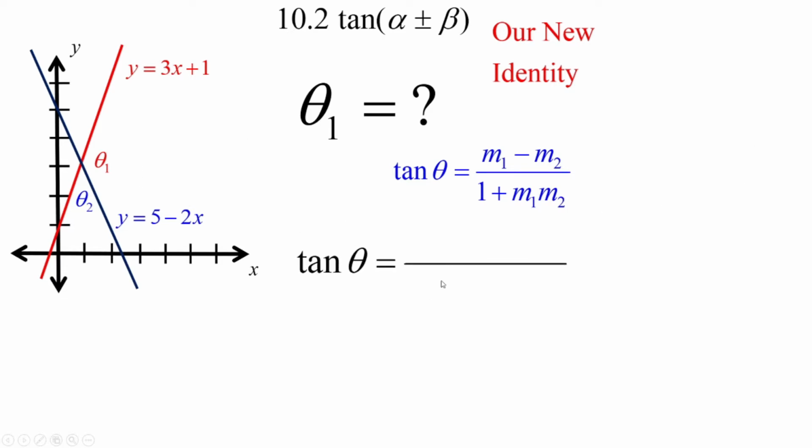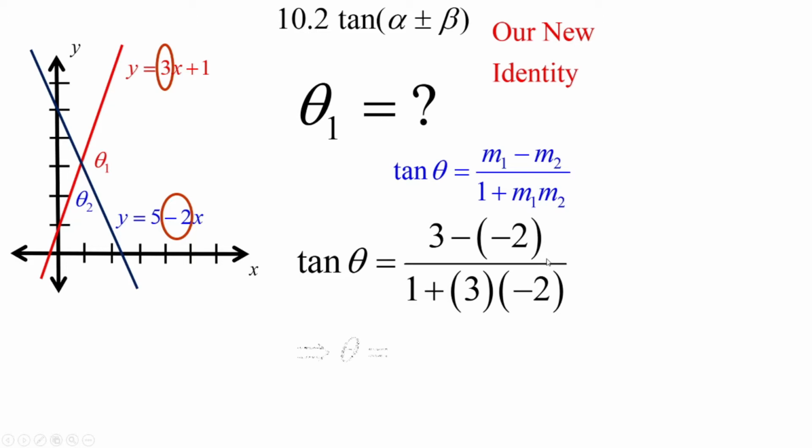So tangent of theta equals, well, what's the slope of the first line? How about that 3 right there? 3 minus, and what's the slope of the second line? How about that negative 2? Over 1 plus the product of those two slopes, so the slope of the first line is still 3, and the slope of the second line is still negative 2.